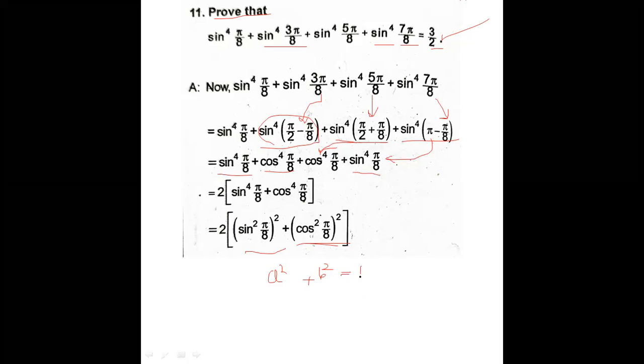what is the formula? You might have learned this formula in sets. A plus b whole square minus 2ab. This is the a square and this is the b square. a plus b whole square minus 2ab.